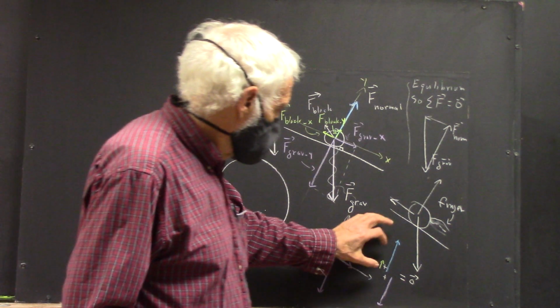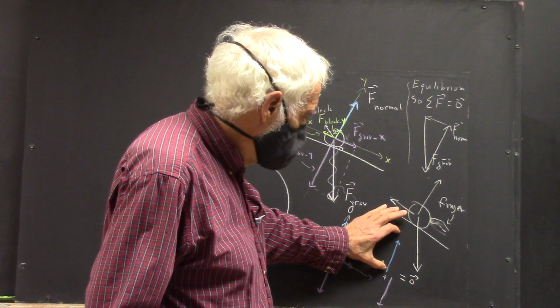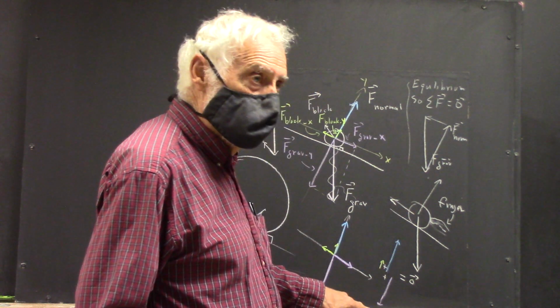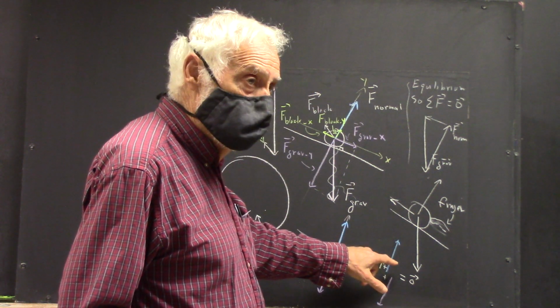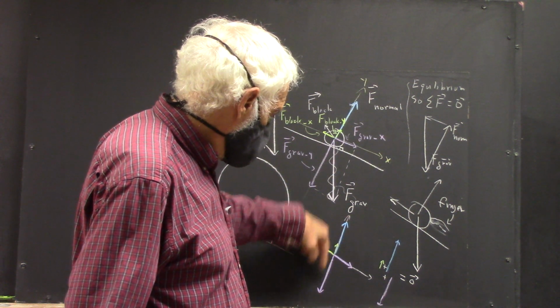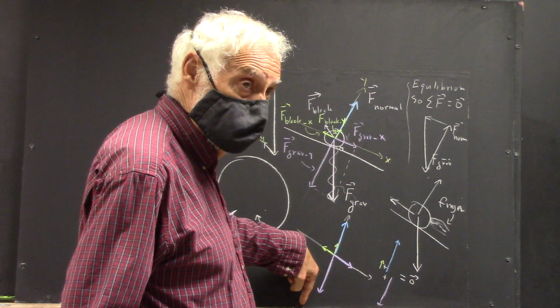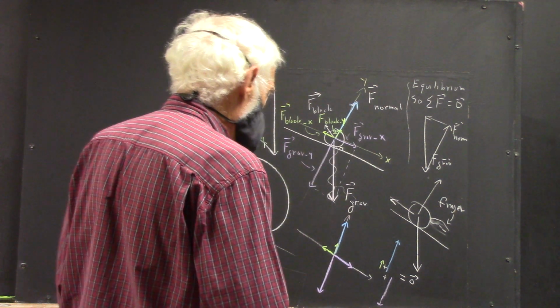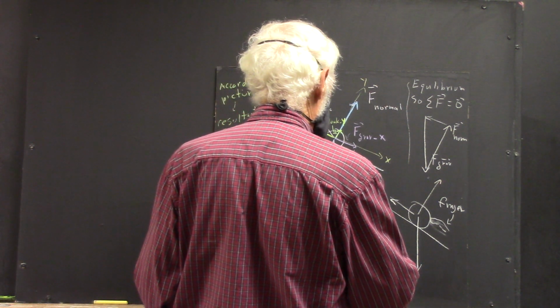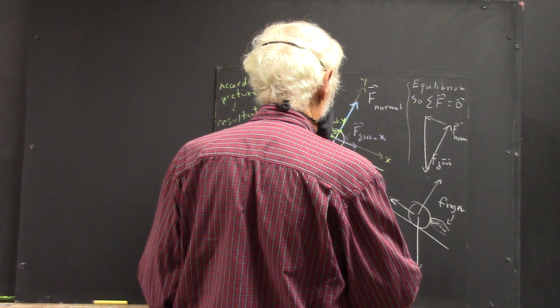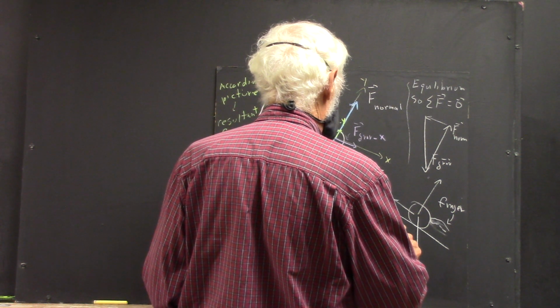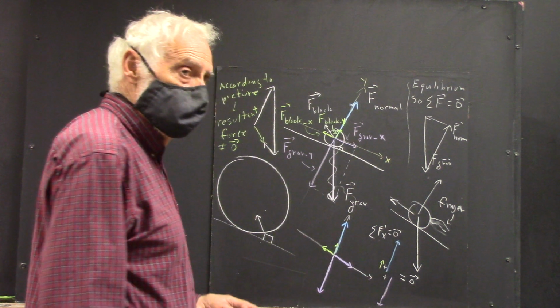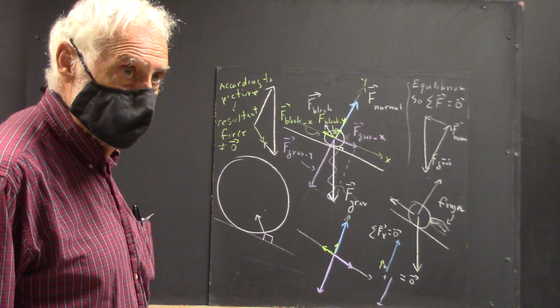In other words, if I put this head to tail, the sum of these two here is equal and opposite to this one, okay? That's represented by the fact that the sum of the forces has to be zero, okay?